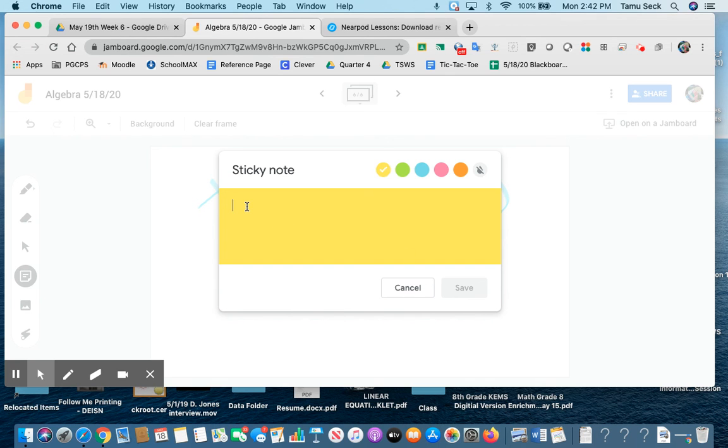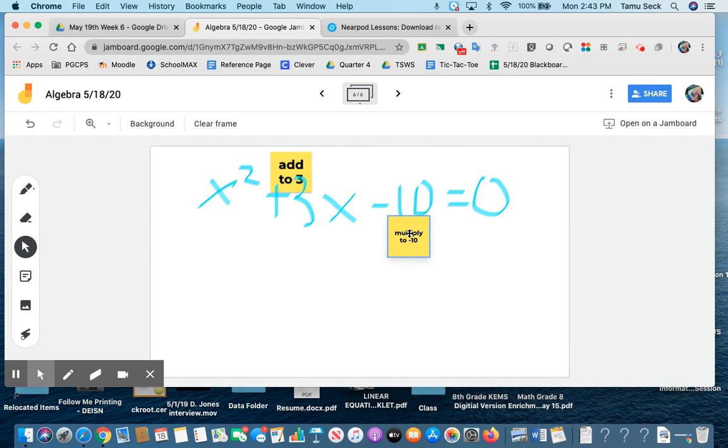Okay, so we're looking for two numbers that multiply to negative 10 but add to 3.